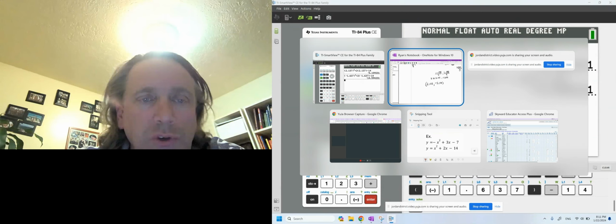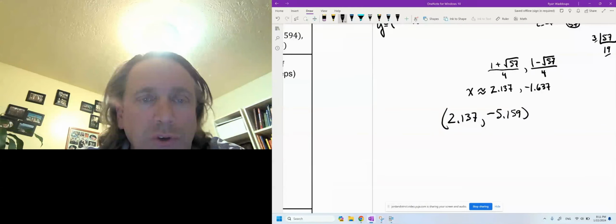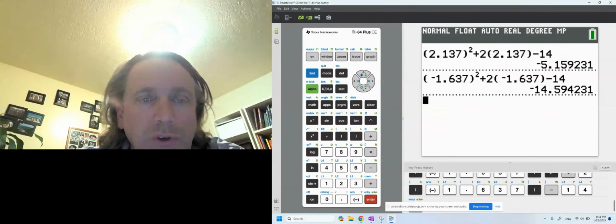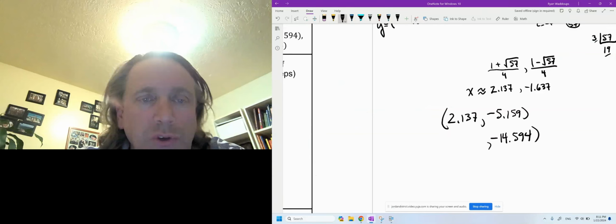Negative 14.594. Just making sure I got that down correctly. Negative 14.594. And the x value was negative 1.637. Close the parentheses.